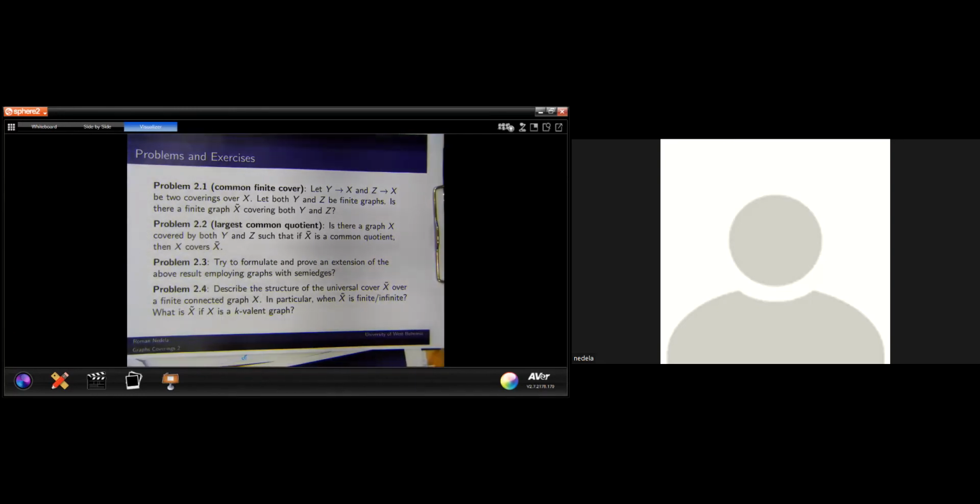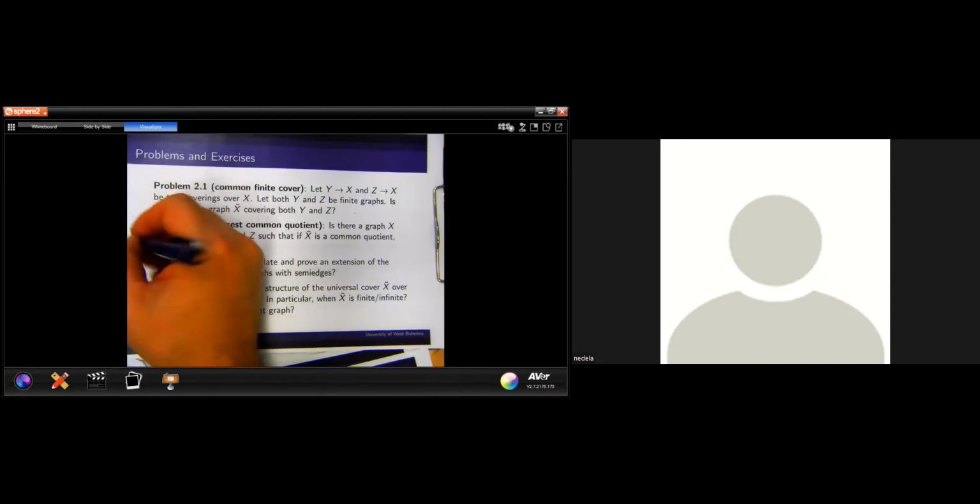There are several problems and exercises which I'm not going to solve. I can maybe give some hints. So there is a problem 2.1. Suppose we have two covers over X. Is it visible? Yes.